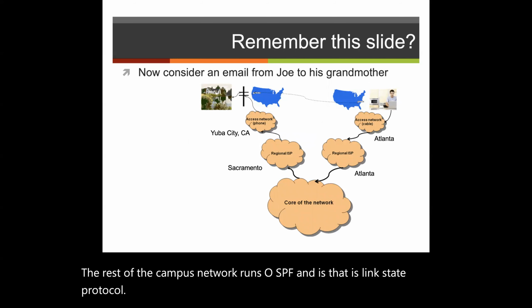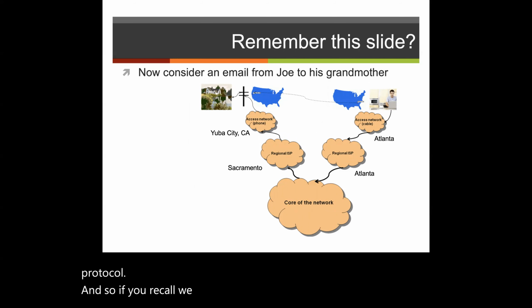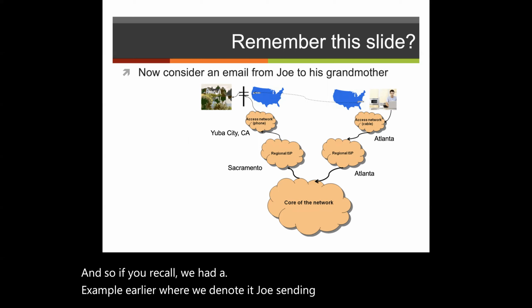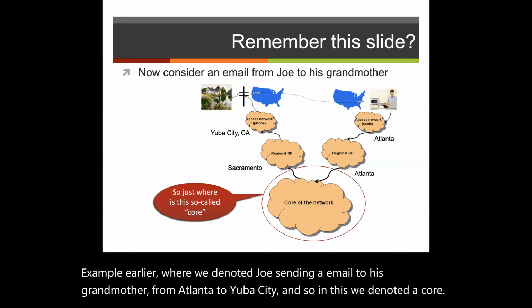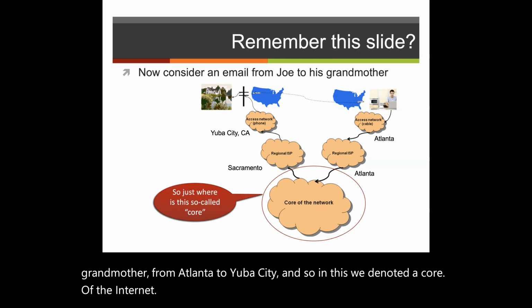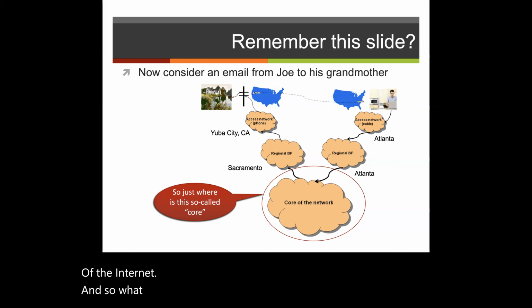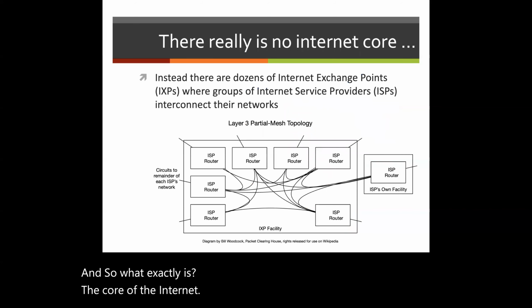And so if you recall, we had an example earlier where we denoted Joe sending an email to his grandmother from Atlanta to Yuba City. So in this, we denoted a core of the internet. And so what exactly is the core of the internet? Well, really, there isn't an internet core.